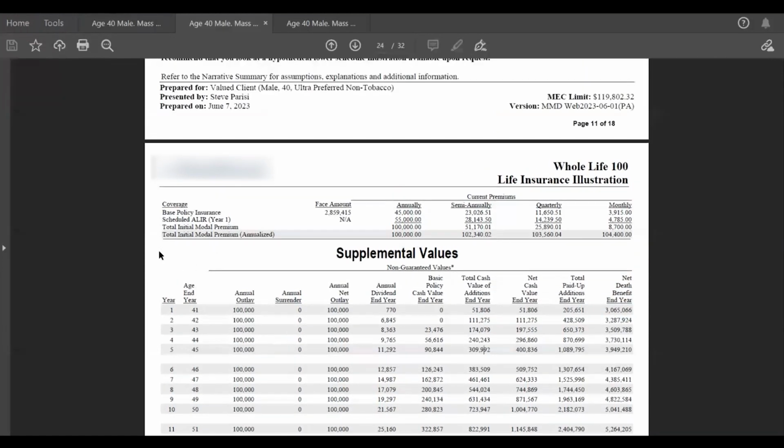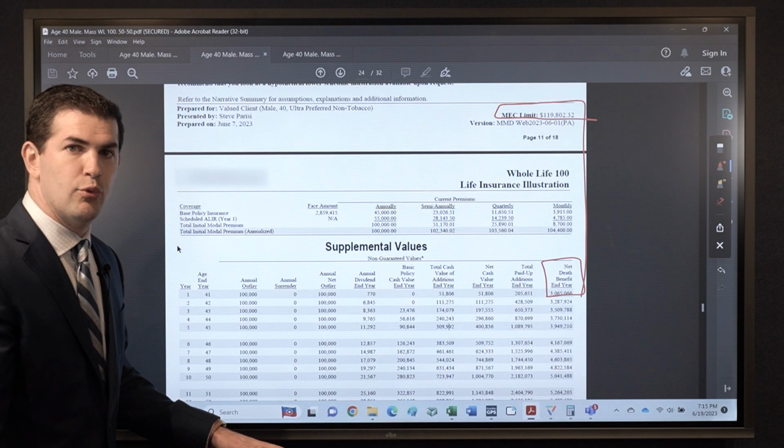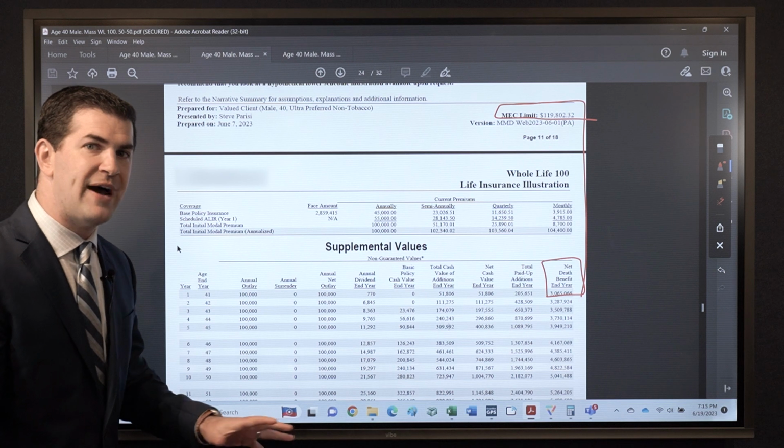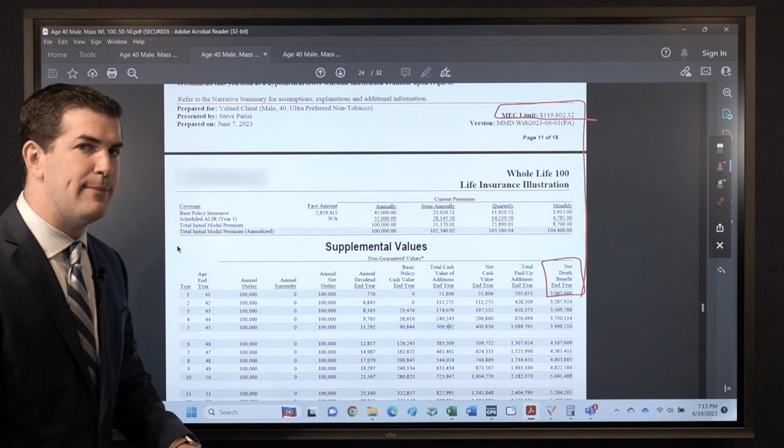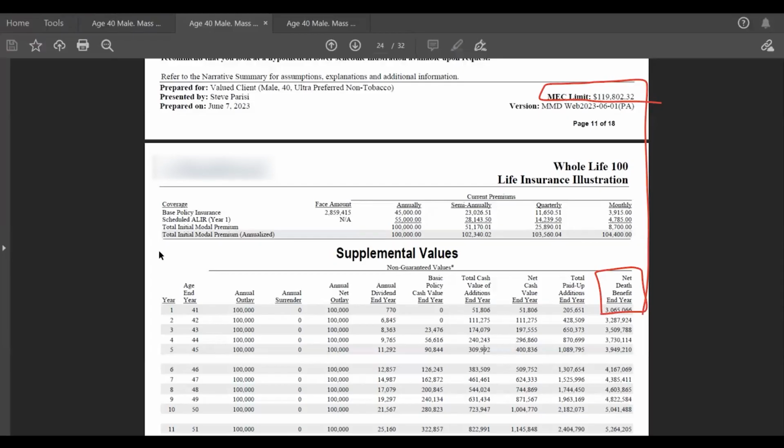I'm not ignoring that. As you lowered the death benefit, what happened here? What's the death benefit have a relationship to? That MEC limit. In the last example, where your death benefit was well over $5 million, what was that MEC limit? Do you recall? Almost $250,000. Here, it's about 120.